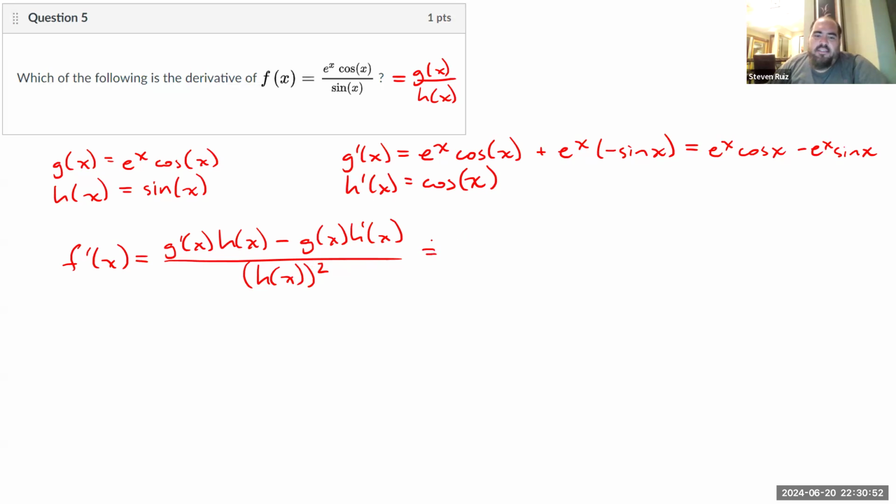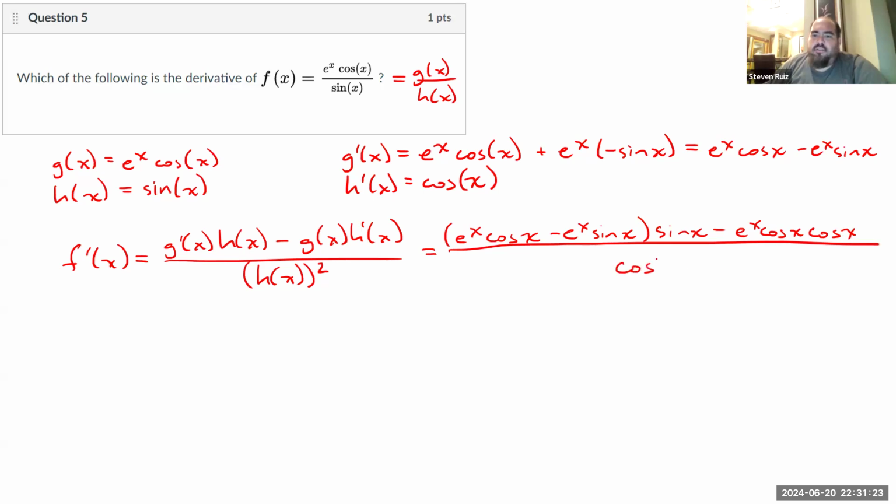Now we can fill in some of these details. What is g prime? That is the longest expression we have here. e to the x cosine of x minus e to the x sine of x, times h of x, which is sine of x, minus g of x, which is e to the x cosine of x, times h prime, which is cosine of x, all over cosine squared of x.